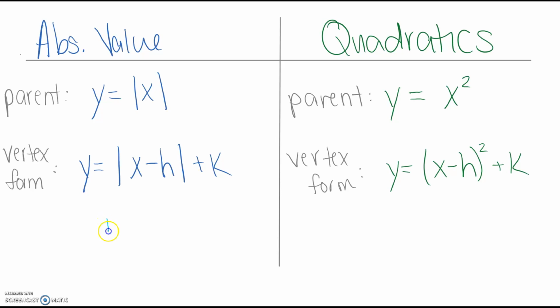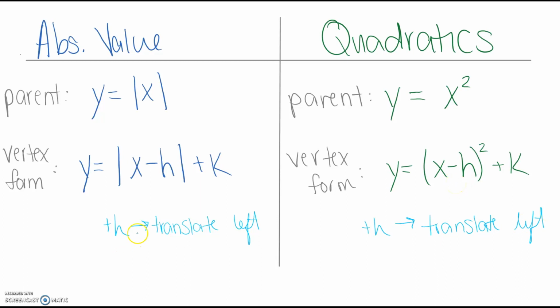So remember, if you have a plus h, that's going to translate left. You have to be careful with your h's because it's a little confusing. So the h's are going to go opposite of what you think.